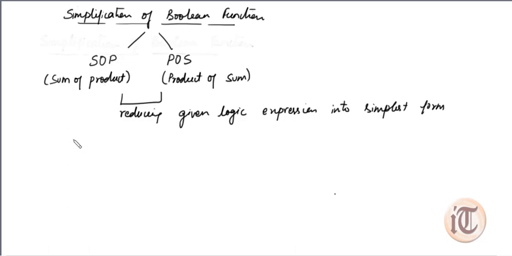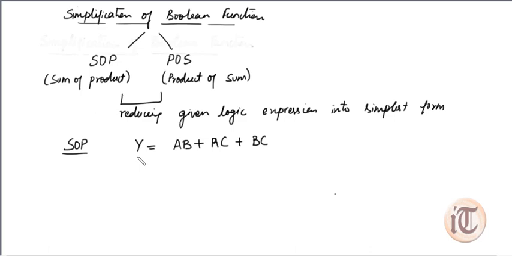First of all, we will explain what is SOP. As we know, SOP stands for sum of product. In this form, we write the function as y equals AB plus AC plus BC. So this is our Boolean expression. What is y here?